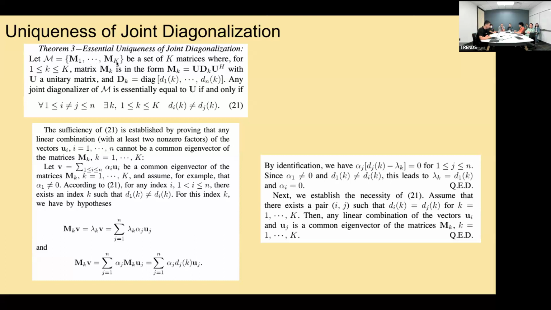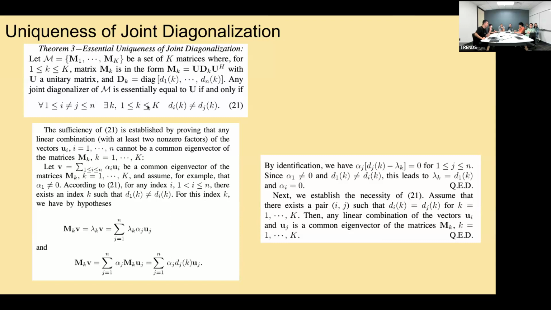We have a list of these M matrices and we're trying to find the U such that there will be a diagonal matrix D that can transform back to the M matrices, where U is our definition. Based on the diagonal assumption, D will be a diagonal-only matrix, more like eigenvalues. So here, the joint diagonalizer of M is essentially equal to U.